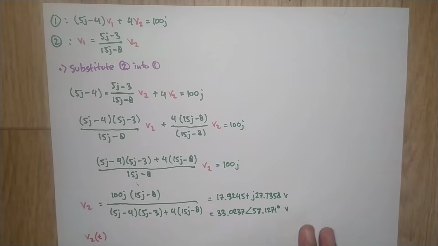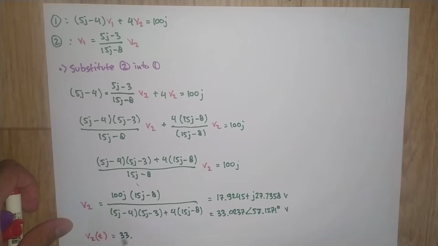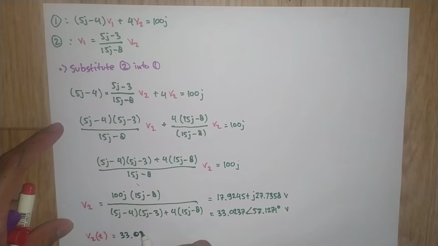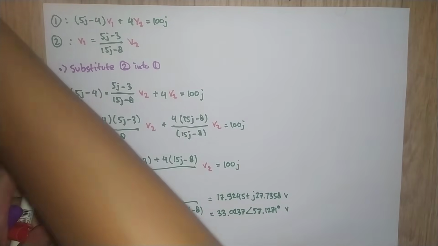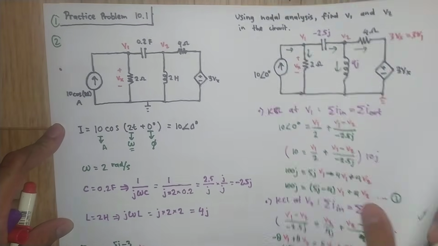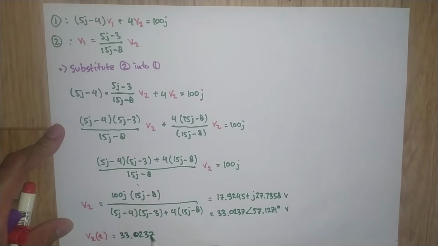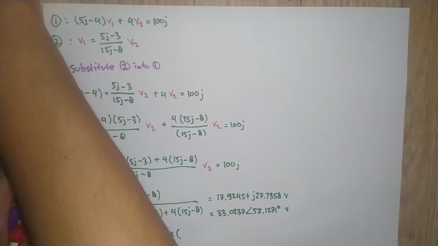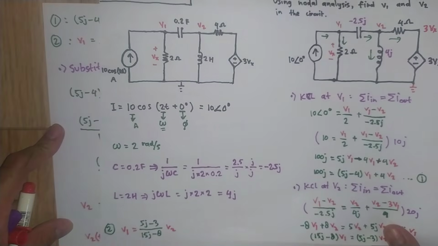Okay, now to get it back to the time domain, this is the amplitude. So we'll have 33.0237, and then our initial function is cosine, right? So we'll have cosine here. So we get it back into cosine, and remember that we have omega here. Our omega is 2 radian over second.